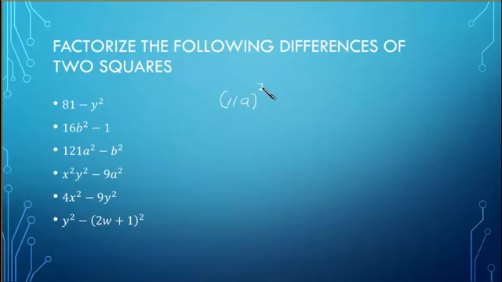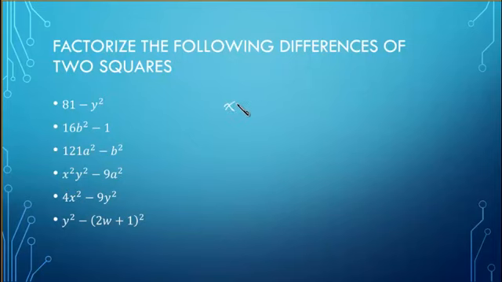Remember, this exponent affects both factors in here. So that's 11a quantity squared minus b quantity squared. And so this becomes 11a minus b, 11a plus b. Again, now we have our expression factorized. In this case, again, we have two perfect squares.